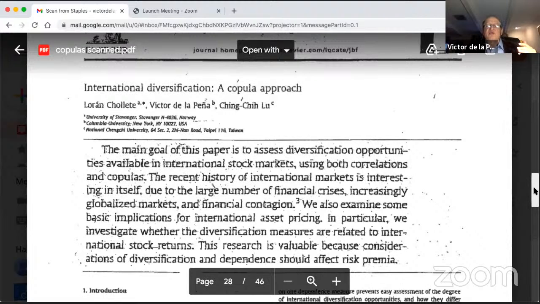This is important because of all the financial crises. You want to be able to diversify your portfolio. With increasingly globalized markets and contagion, you want as diversified a portfolio as possible.